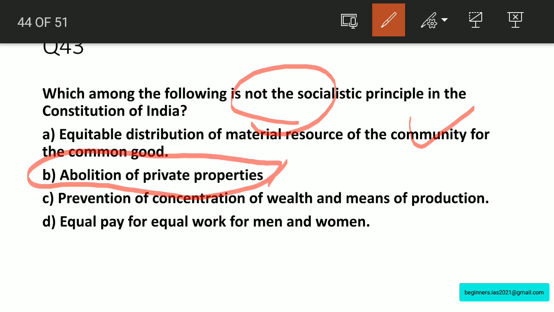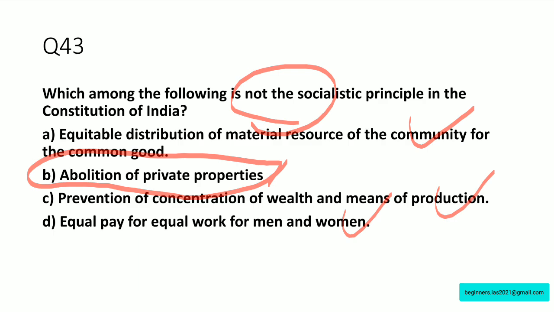Abolition of private property is not a socialist principle, whereas the prevention of concentration of wealth and means of production is a socialistic principle. Equal pay for equal remuneration of women and men, that is also a socialistic principle, whereas the abolition of private property is not a socialistic principle. Therefore the answer would be B, abolition of private property.